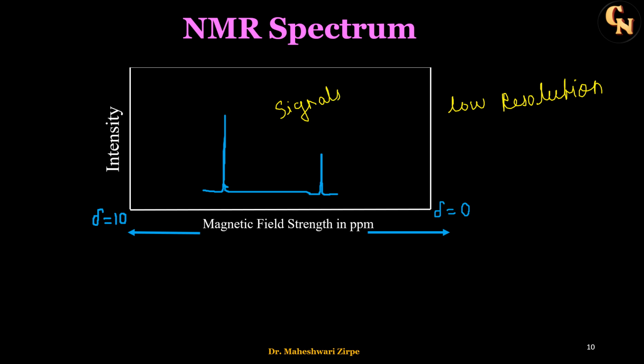There are two signals, but if the same molecule is put in high resolution, then in the spectrum you can see the fine splittings, that is peaks. Suppose this signal was split up into a triplet. Why triplet? What does triplet indicate? If under high resolution this peak has split up into three peaks, triplet indicates three peaks.